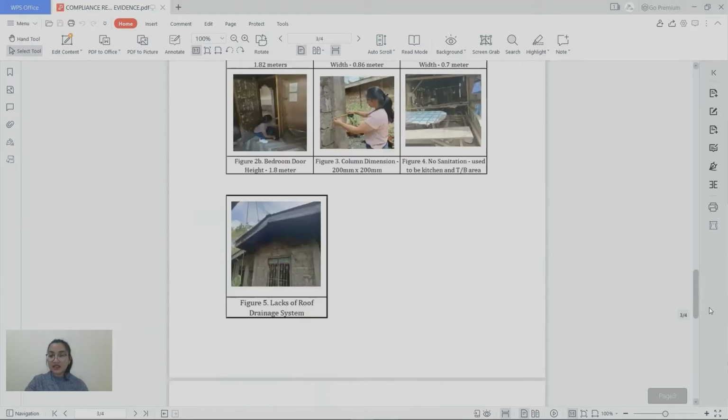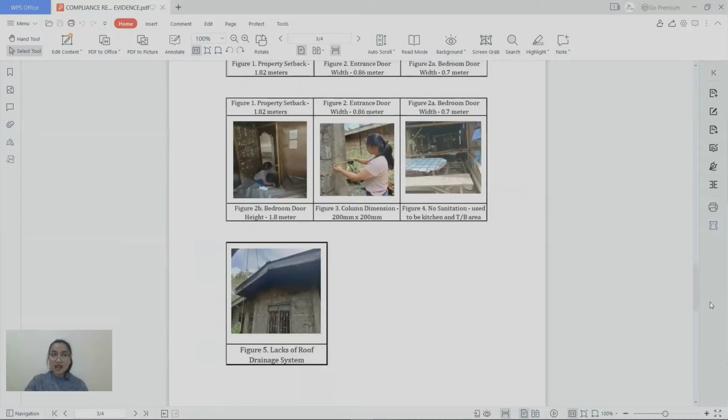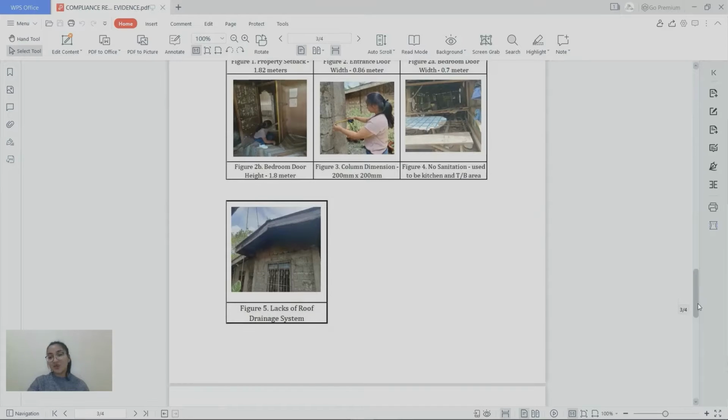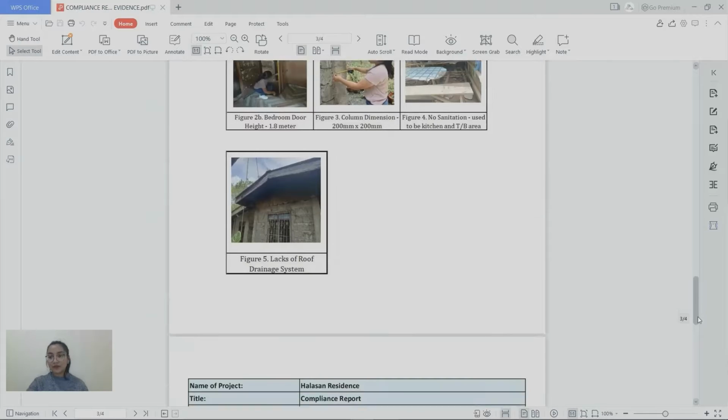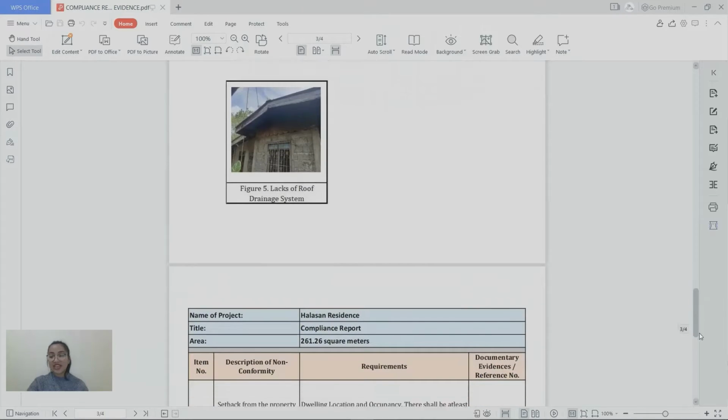To clarify this one, the owners of this house that I chose to investigate have been planning to have it renovated, and some of its parts are sinira na or giba na, kaya pasok din siya sa non-conformity kasi wala na siyang comfort room and dining area.